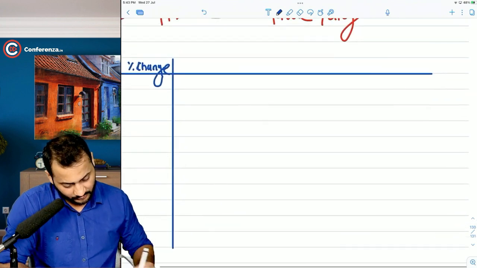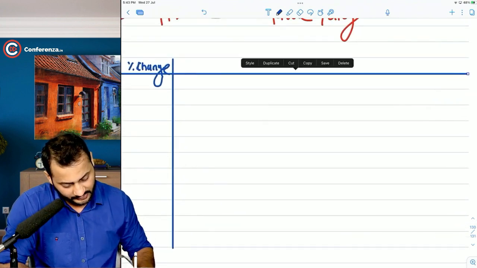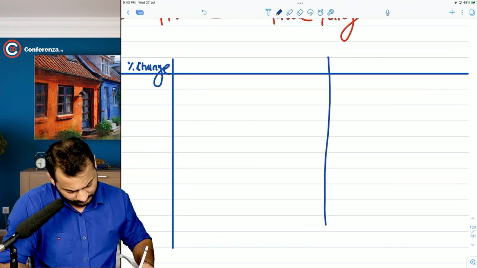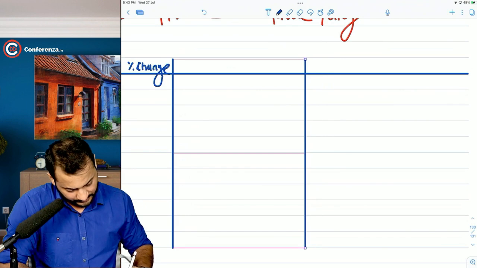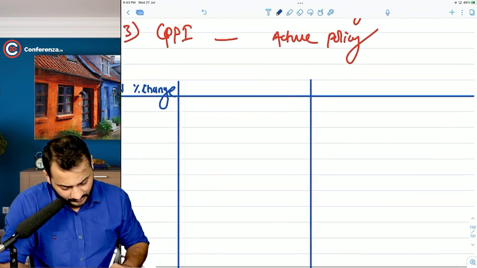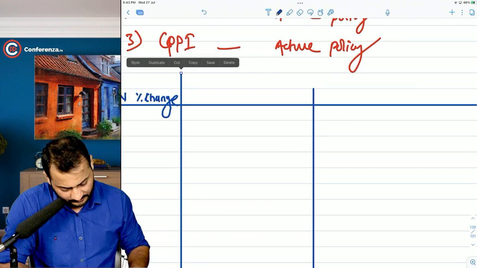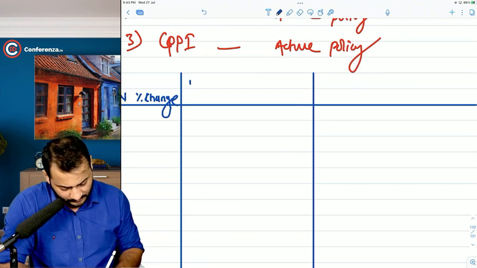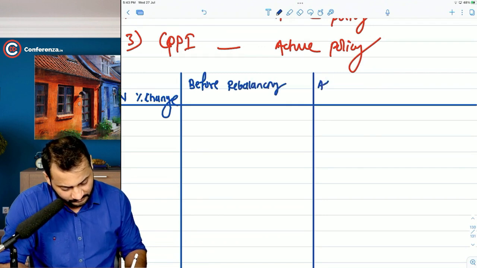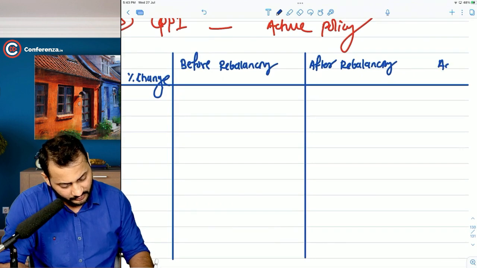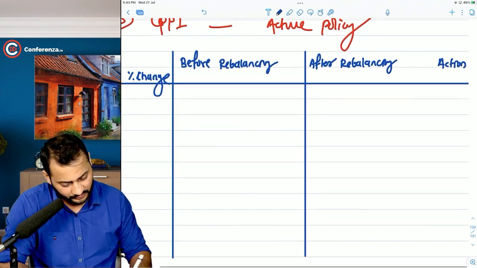Then we are going to divide the entire situation in before and after rebalancing. So before rebalancing, after rebalancing, and maybe this is going to be our action that we want to take.